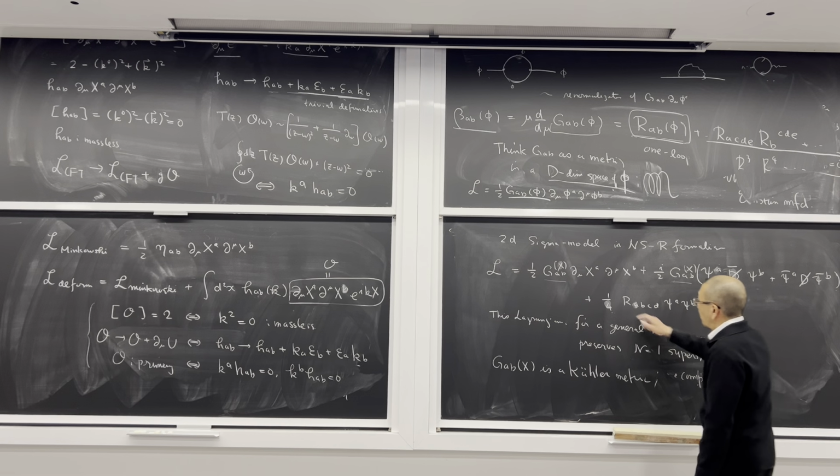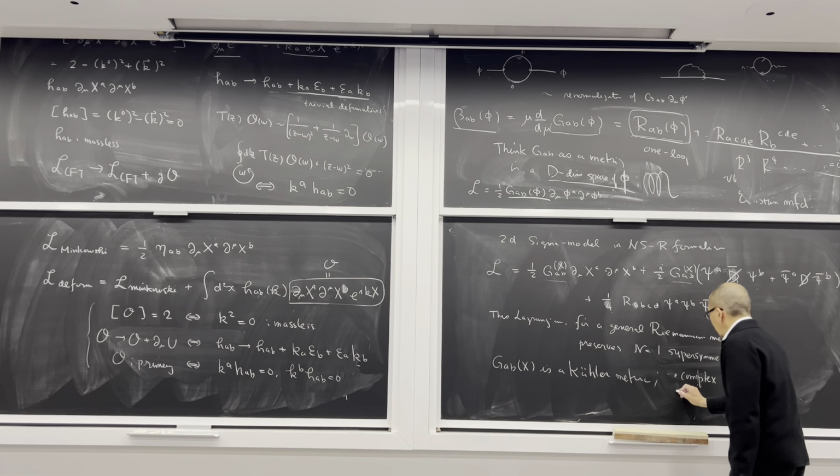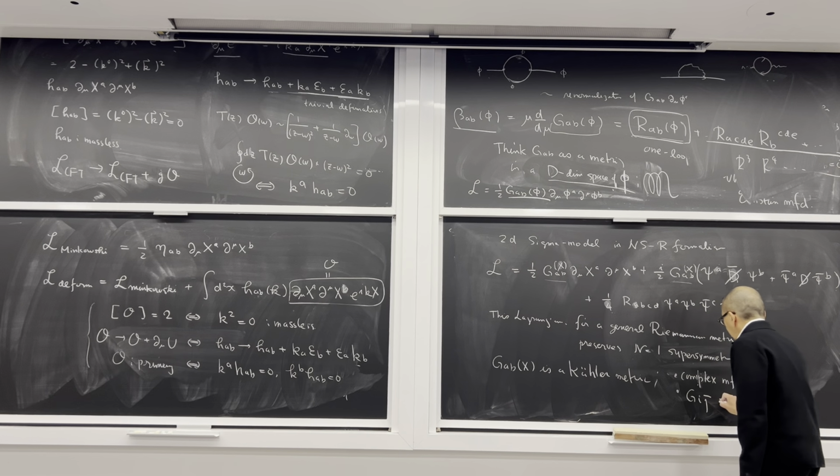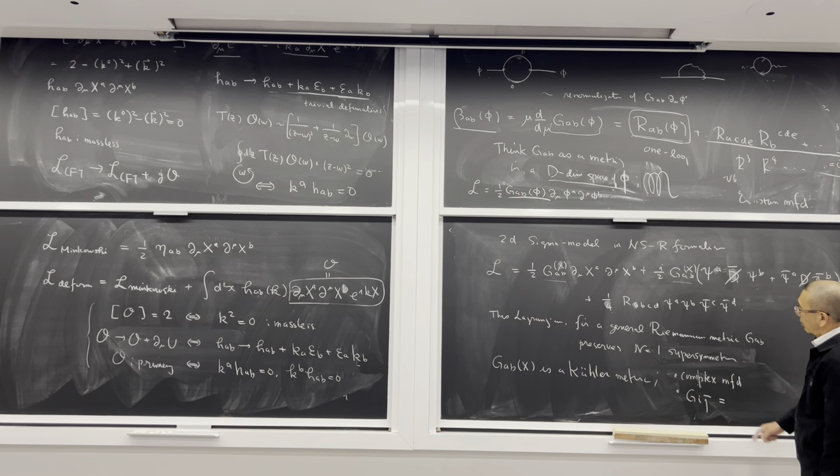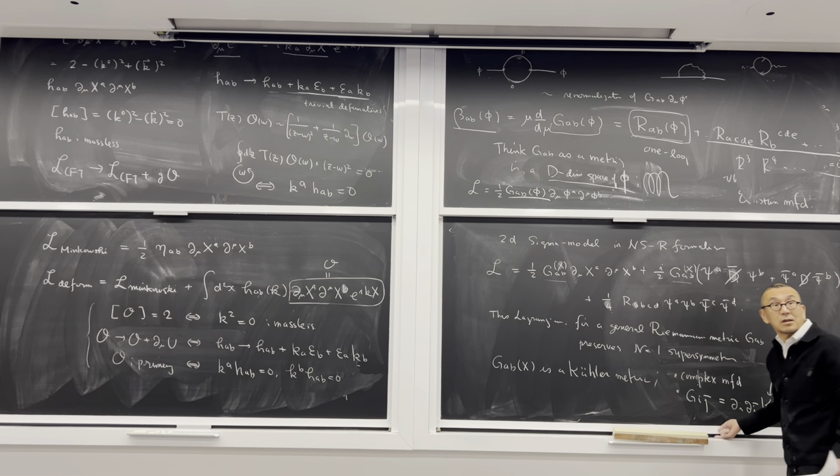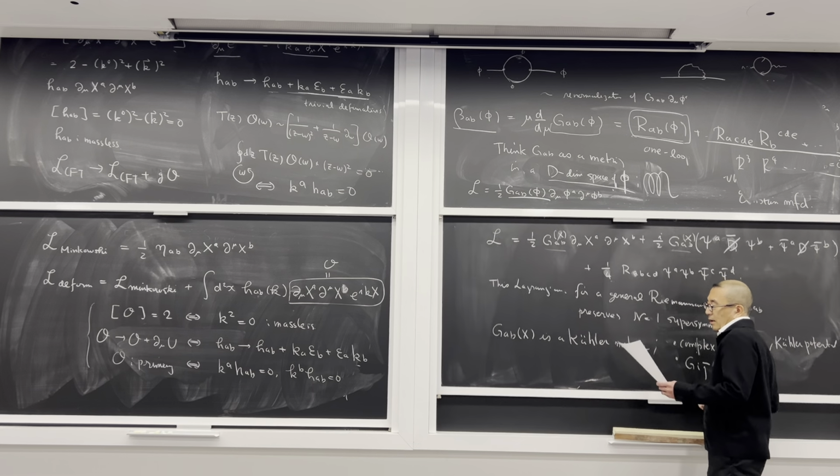So you can choose complex coordinates, and the metric is scalar, which means that the metric only has this kind of holomorphic and anti-holomorphic mixed component, and it can be written as a derivative of a scalar potential, as we discussed in the last couple of lectures.